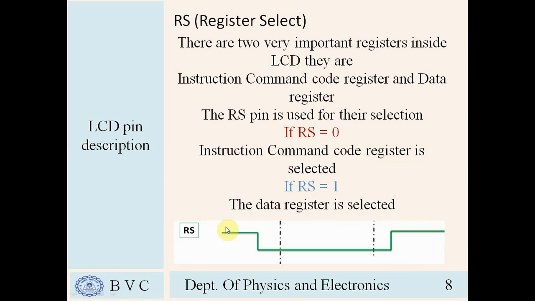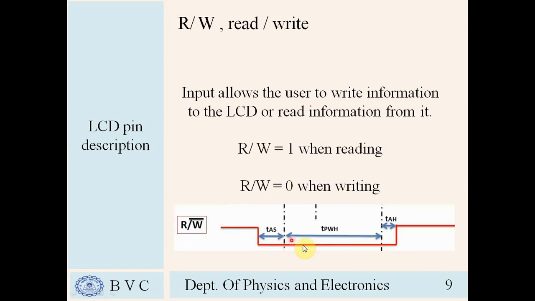You can see in the waveform here, register select is 1, then 0, again 1. If register select is 1, your intention is to give data; if it is 0, your intention is to give an instruction to the LCD.